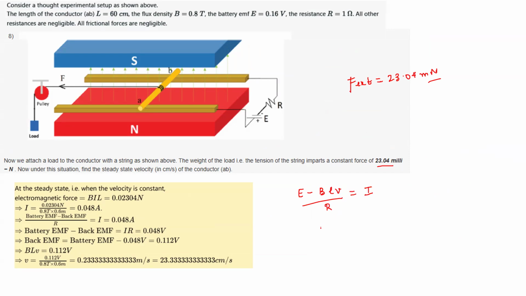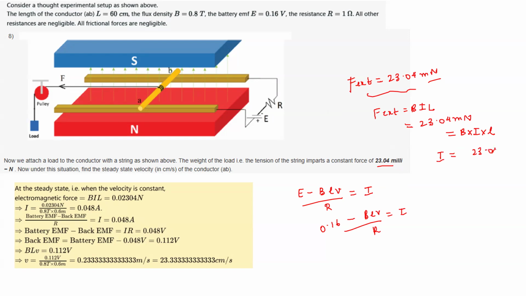The battery EMF E is given as 0.16, minus we have to find BLV. So BLV by R is equal to I. Now we know that this external force is equal to BIL. So this 23.04 millinewton is equal to B into I into L. From this we get I as 23.04 times 10 power minus 3 by B into L, where B is 0.8 and L is 0.6.